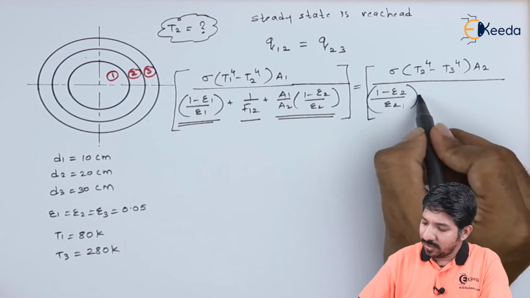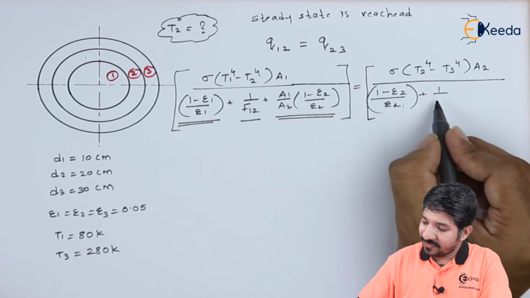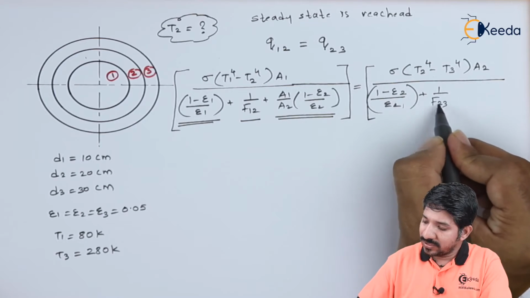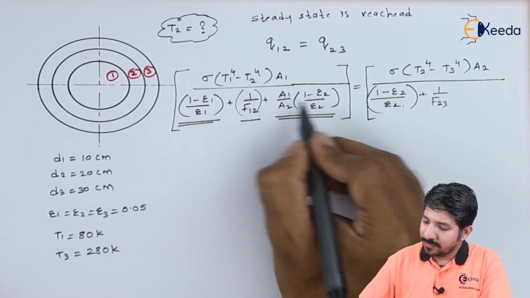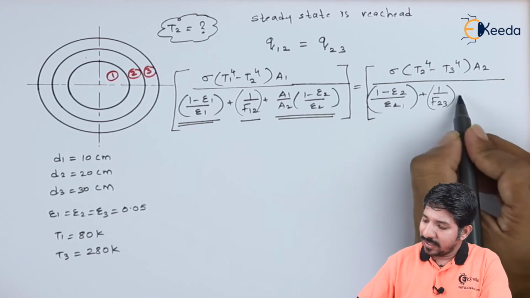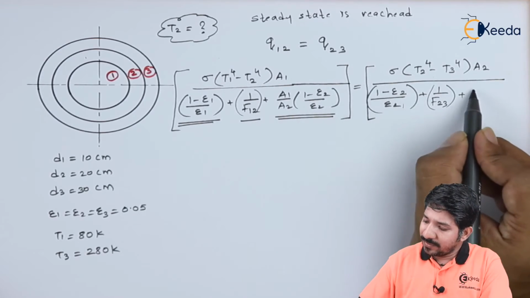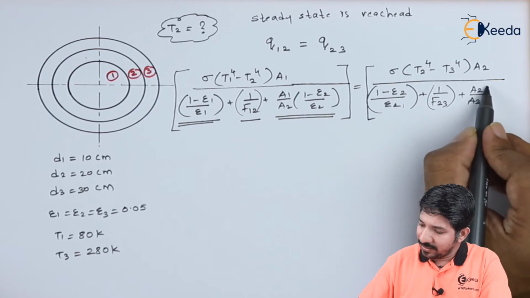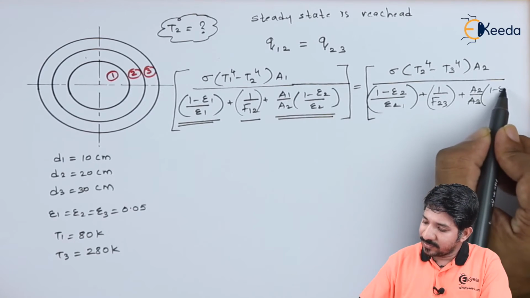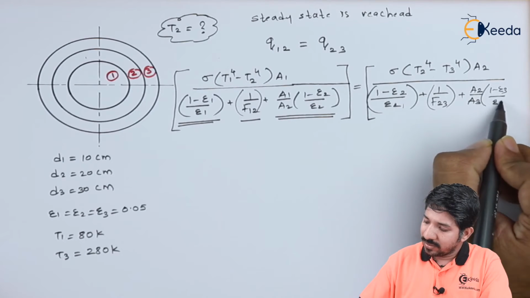So this is A2, plus the shape factor F2 to 3 will obviously come into the picture. Let me write this in a bracket. And what is remaining is obviously the ratio A2 by A3 in the bracket (1 minus emissivity 3) upon emissivity 3.